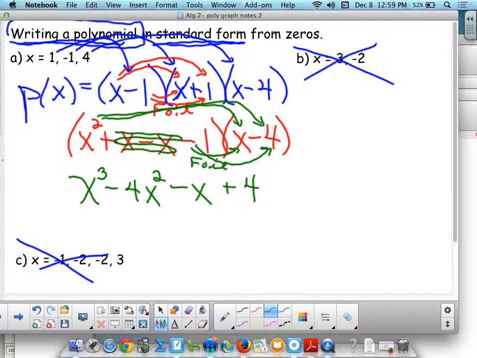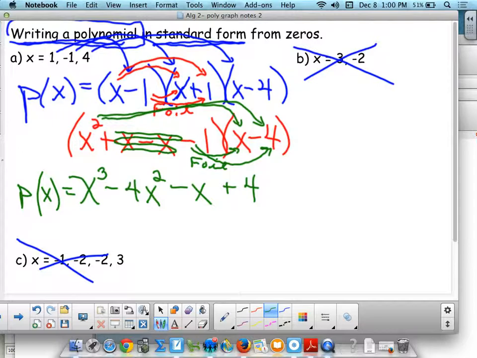Okay, is this in standard form? Yeah. You got the cube, you got the square, you got the x to the first, you got the constant, you're done. This equals your function. P of x, f of x, you call it what you want. Any letter's fine, but P for polynomial. Polynomial of x. There it is.